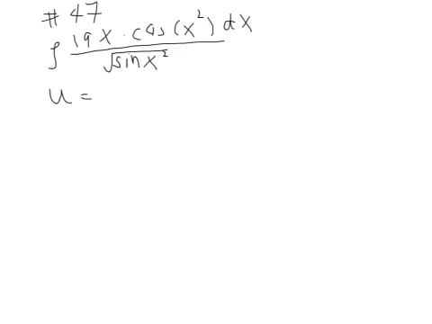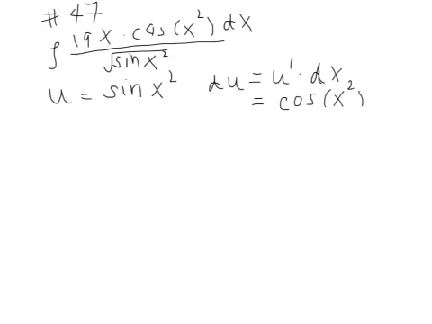Okay, now we need to assign the u. We need to figure out what should be your u. Okay, so we got square root, we got sine, cosine. So we always let u be the inside function. So I'm thinking the inside function is sine of x squared. This should work. Then du is u prime times dx, and u prime will be the derivative of sine, which is cosine.